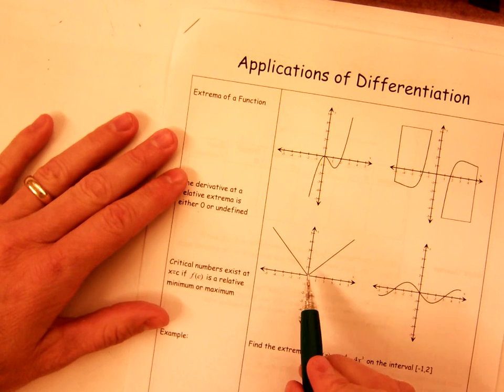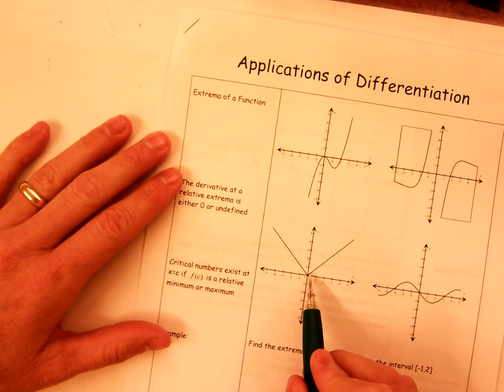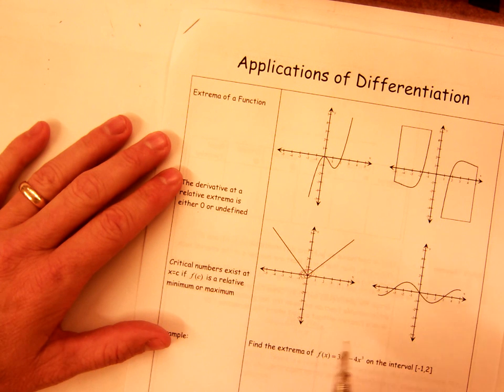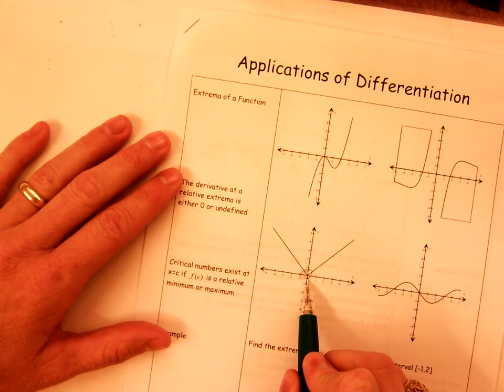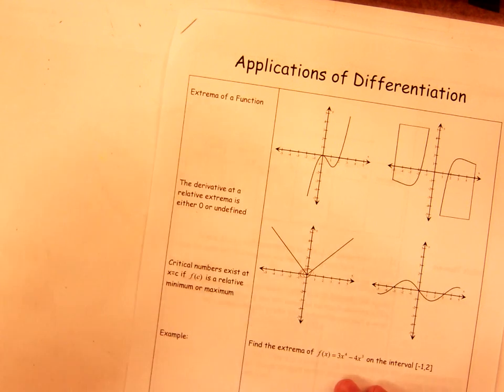So if you go back to this first page, the derivative of the absolute value function, you can't take it at this point right here. You have to figure out a way to deal with that. The derivative does not exist at that point right there, at a cusp. No sharp changes. Okay, the derivative has to be smooth. All right.